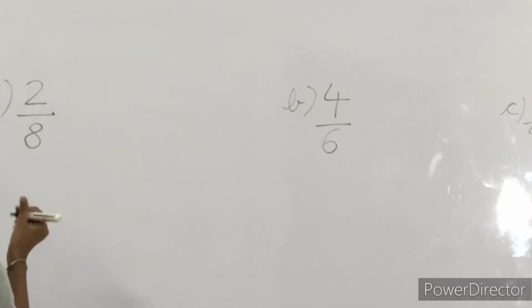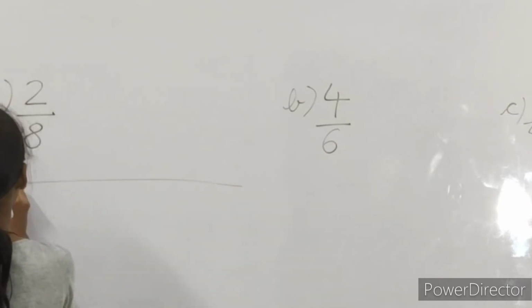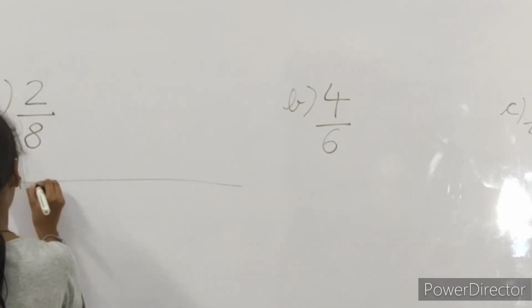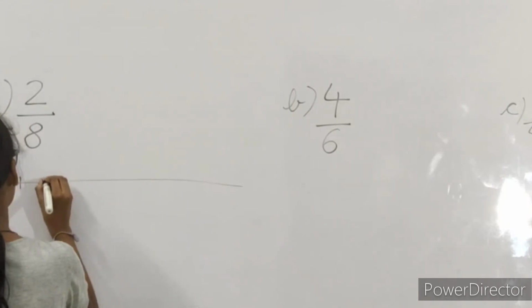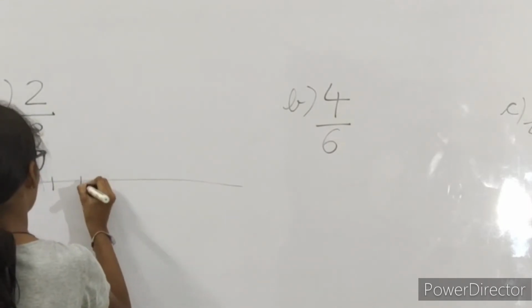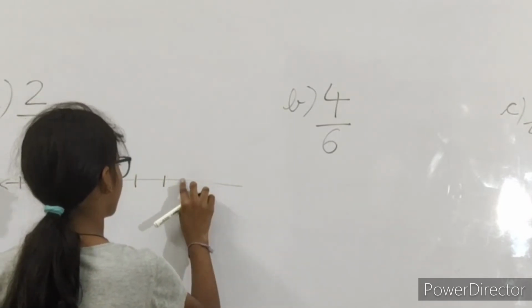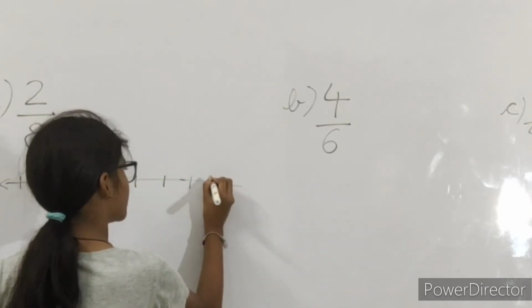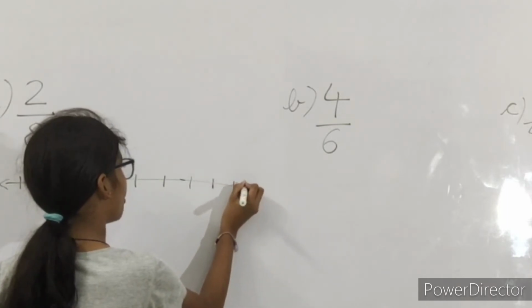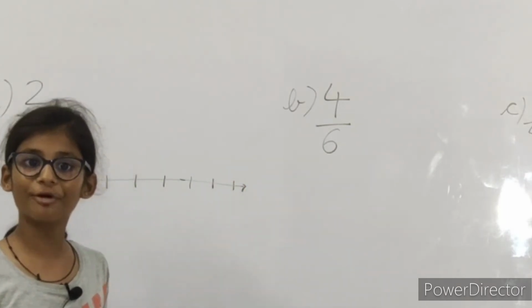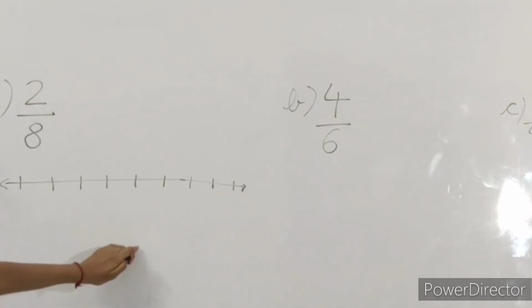2/8. What I'll do? I'll make a number line. It is like 0, 1, 2, 3, 4, 5, 6, 7 and 8. Perfect number line for the first time.